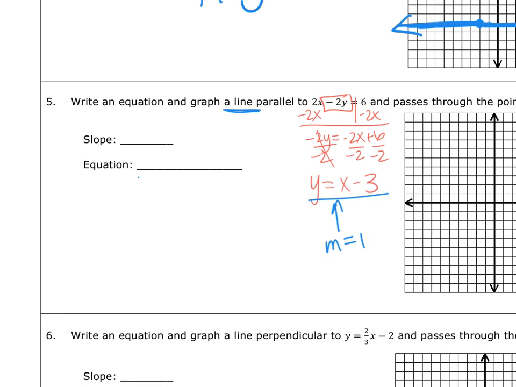So my equation I can write in point slope form. You can also convert from point slope form if you want, but my point is going to be a 4 on the y and 7 on the x, and my slope that I found from the equation that is the same because it's parallel is 1.